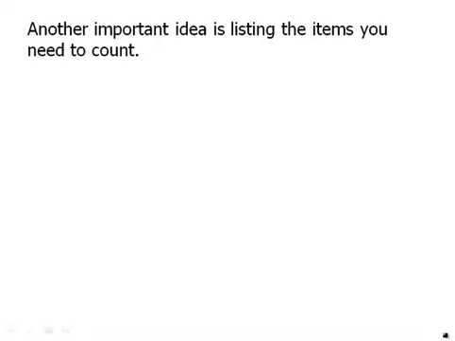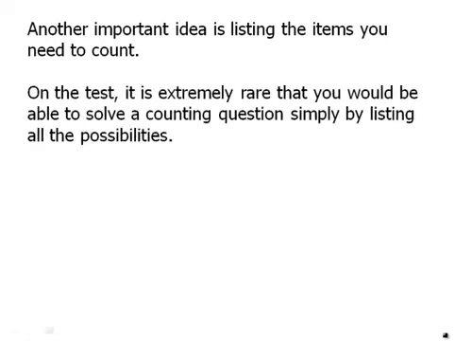Another important idea is listing the items you need to count. So for example, if you have to make a bunch of arrangements, start listing sample arrangements. Now in the test, it's going to be extremely rare that you would be able to solve a counting question simply by listing all the possibilities. Often, as we'll see, there are going to be hundreds, sometimes even thousands of possibilities, so it would be impossible to make a list in any kind of time-efficient way.